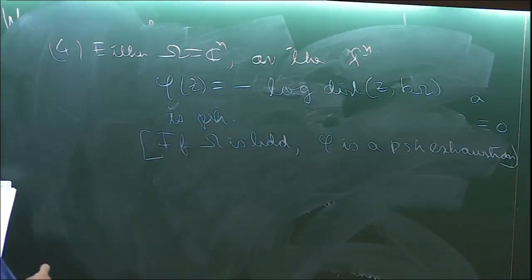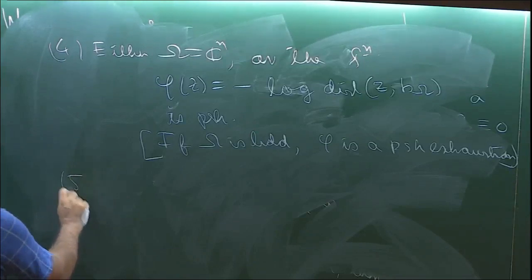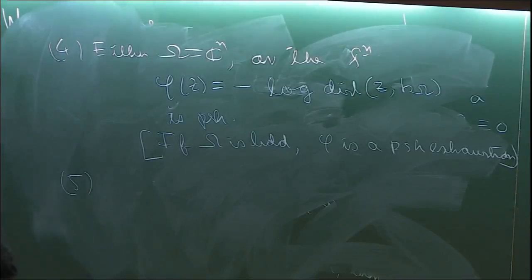And the number 5 finally brings us back to the Debraj problem.